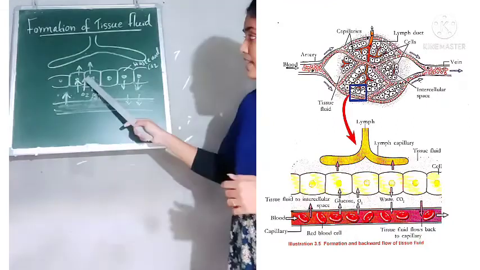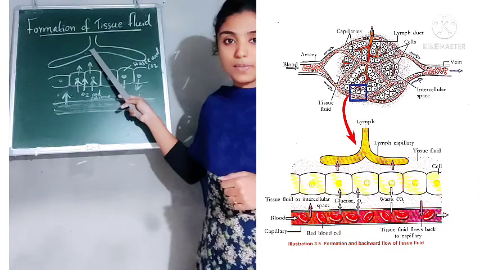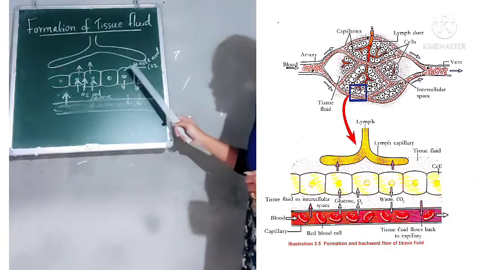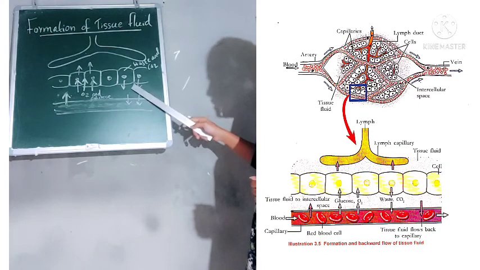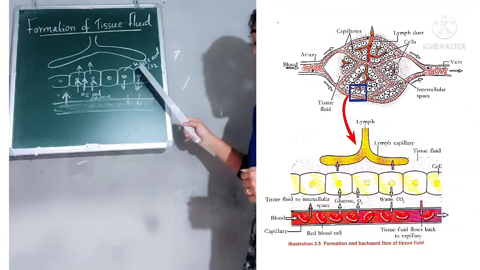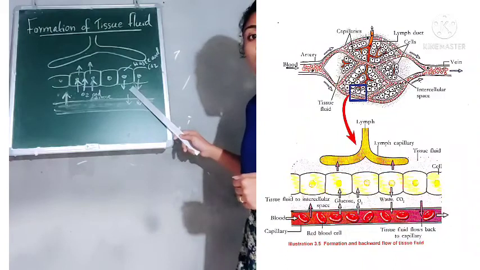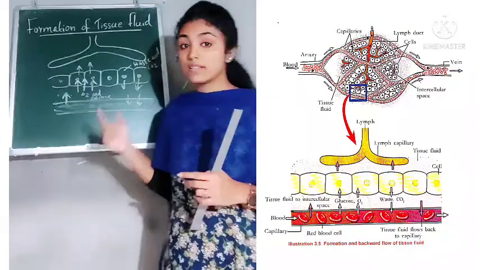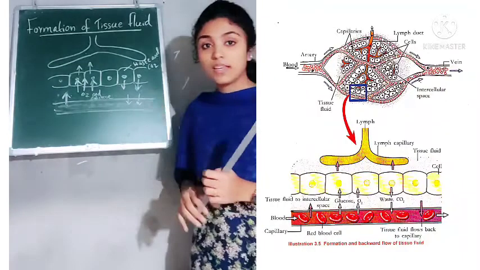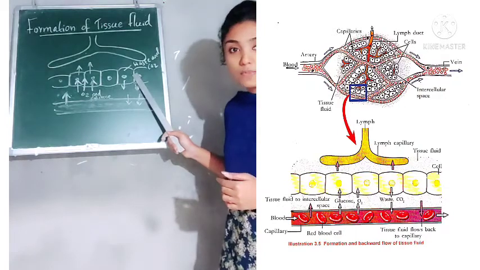And a little amount of fluid also enters into lymph capillary. Then the remaining part of the fluid from the cells re-enters into the intercellular space. When the fluid re-enters into the intercellular space, it also carries waste and carbon dioxide from cells.